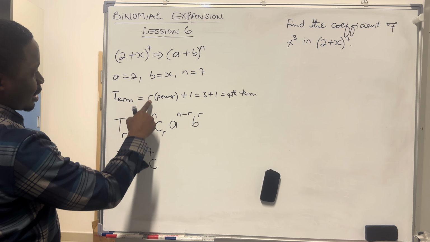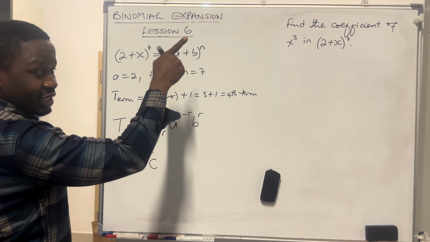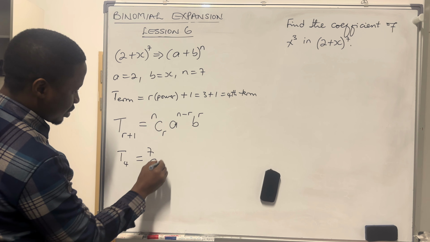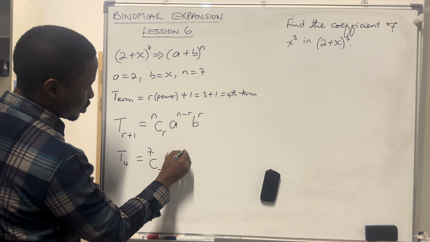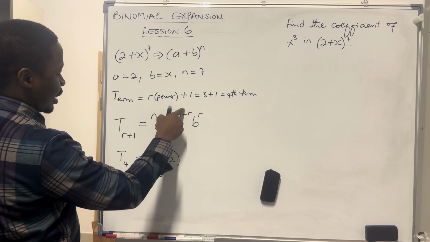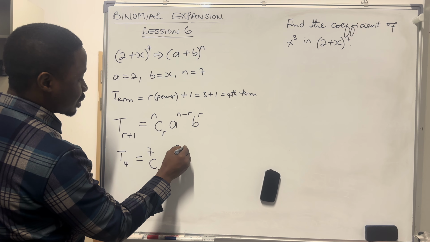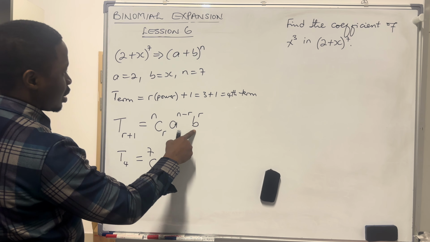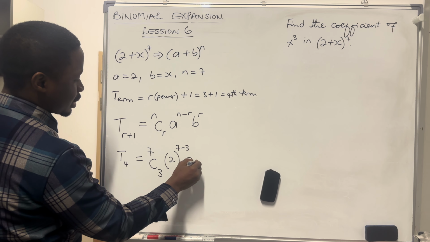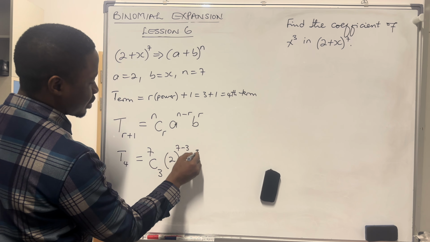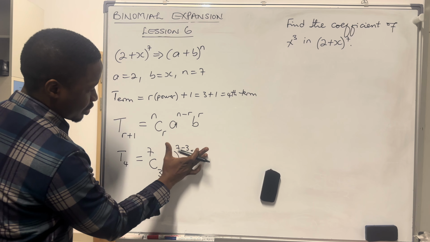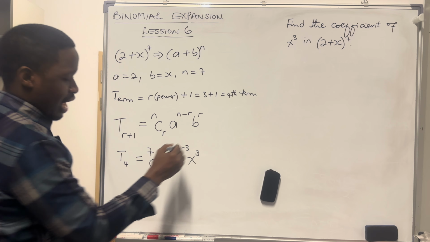What is r? r is the power, which is 3. What is a? a is 2. n minus r: n is 7 minus r, which is 3. b is x to the power r. What is r? r is 3. I hope you get it.